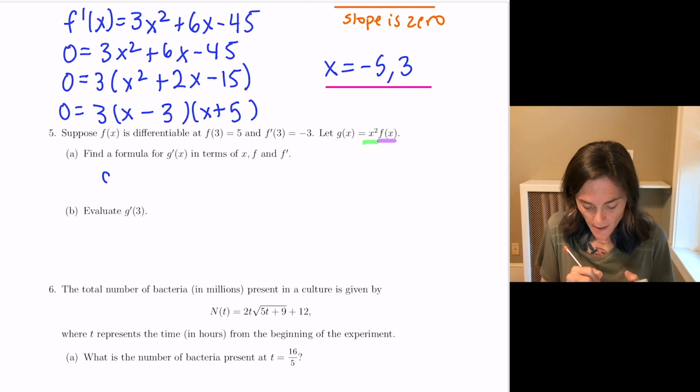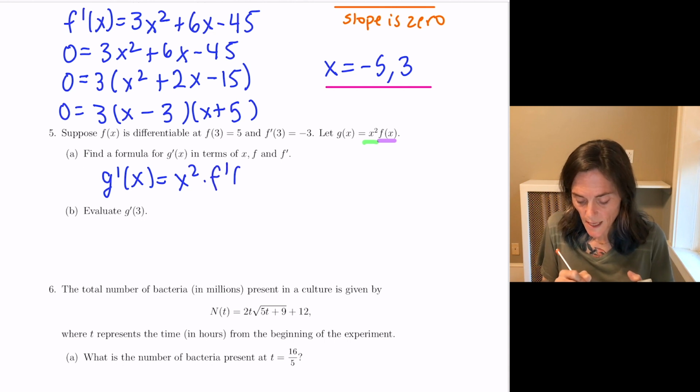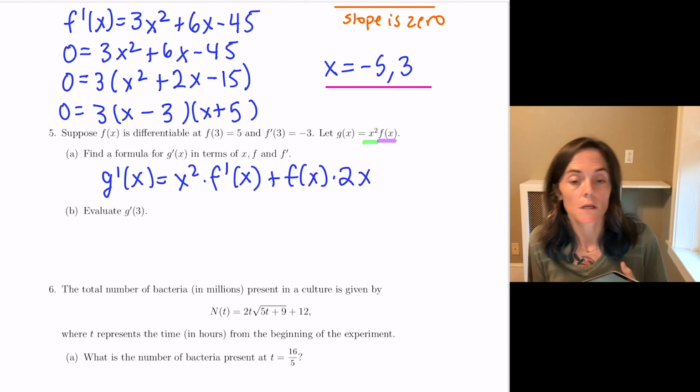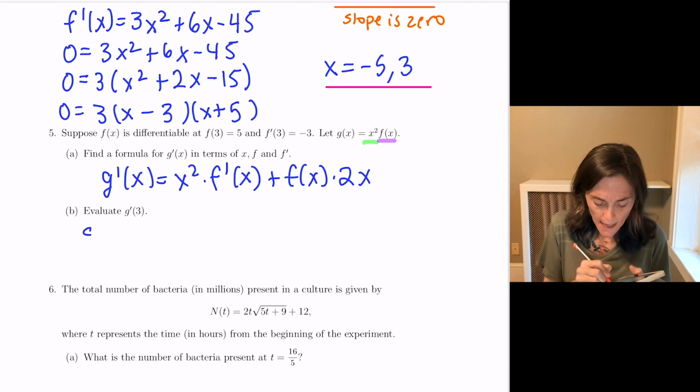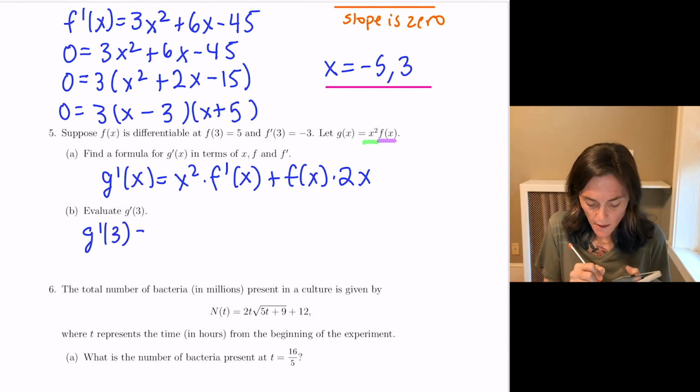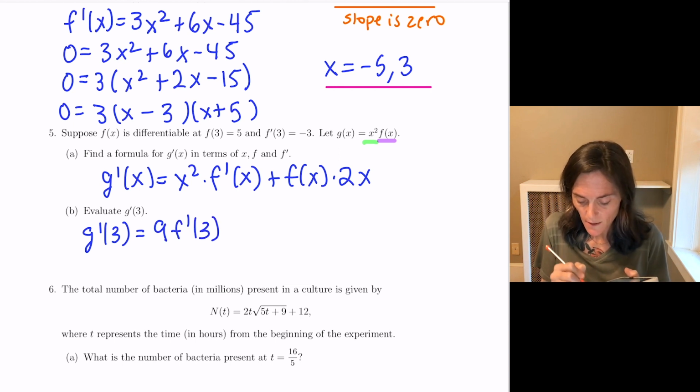So g prime of x equals, we have first derivative of the second plus the second times derivative of the first. Now, evaluate at 3. Okay, g prime of 3 is 3 squared, f prime of 3 plus f of 3 times 2 times 3.